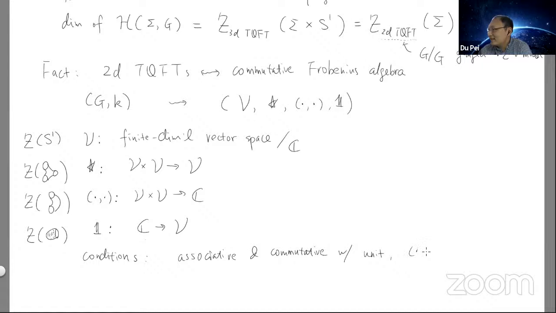And this bilinear pairing is supposed to be non-degenerate. And it satisfies the following relation, for any A, B, C in V.